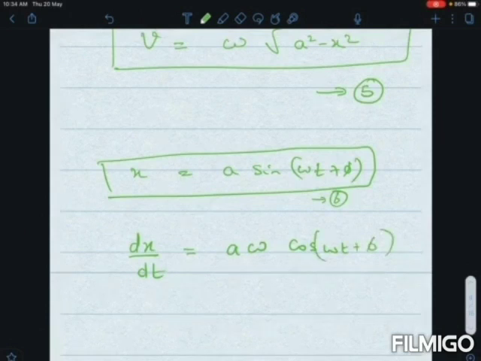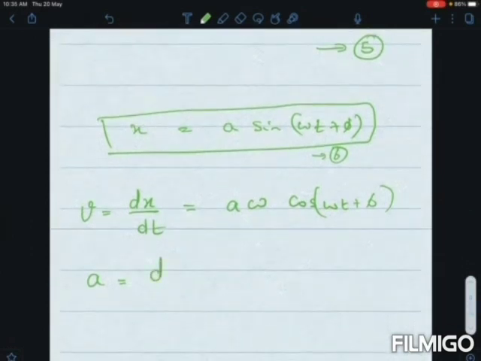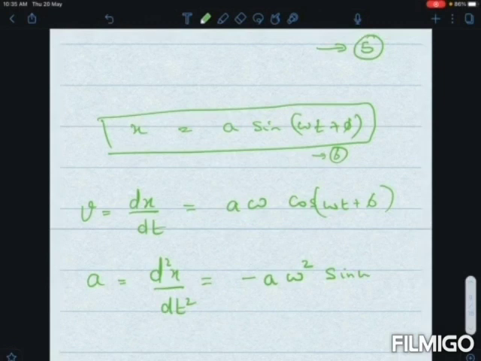Otherwise it is also known as the velocity v. And then acceleration will be d square x by dt square, that is differentiate once more. So it becomes minus a omega square sine omega t plus phi.